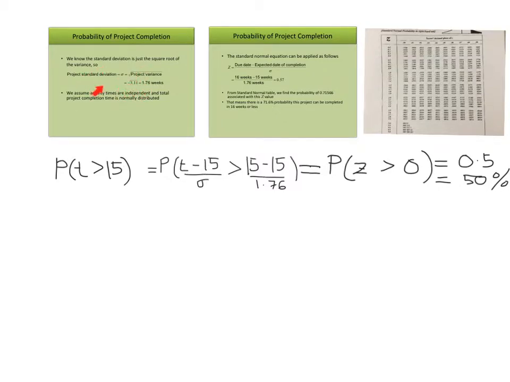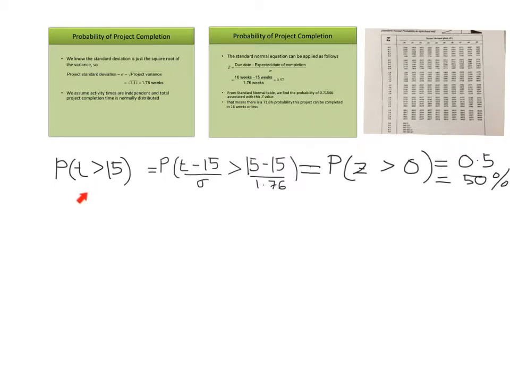So the project standard deviation is the square root of the variance, which is 1.76 weeks. Okay, so now we can calculate the probability that the project completion time is more than 15 weeks. We are going to use the normal Z score, or the standard normal table, to calculate the probability.